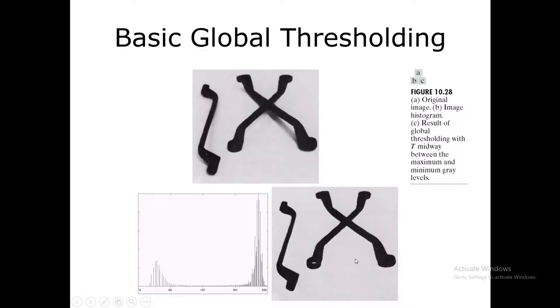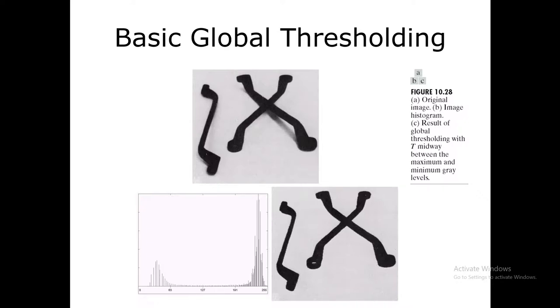Even though they look almost the same, this is the segmented image, and we have selected the threshold value at the dip value. If we choose around 127, this gives us a very good segmented image, and the background is also removed.